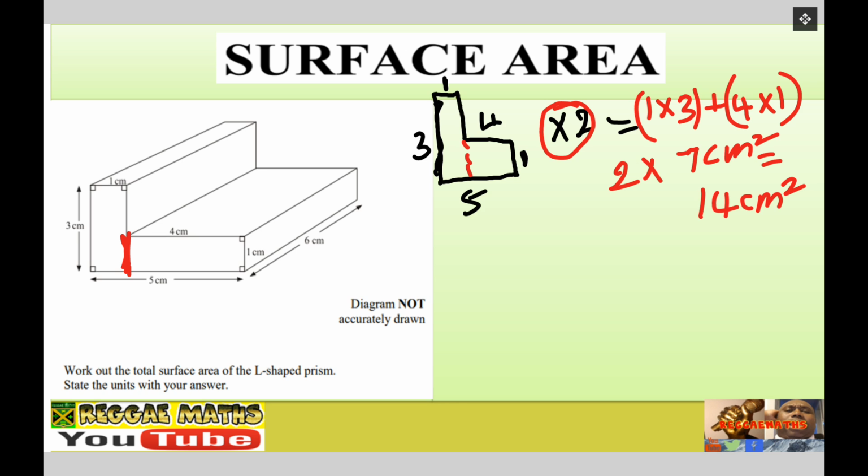Now, let's just make this very simple. So I'm saying the two L shapes come to 14. The bottom and top are the same, and then side 1 and side 2 are the same. So the bottom is going to be 5 times 6. The top, as you can see here, is 5 times 6.